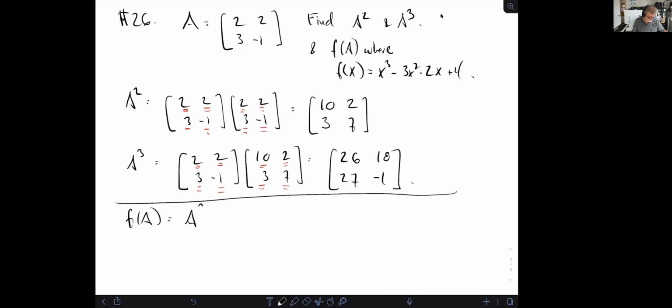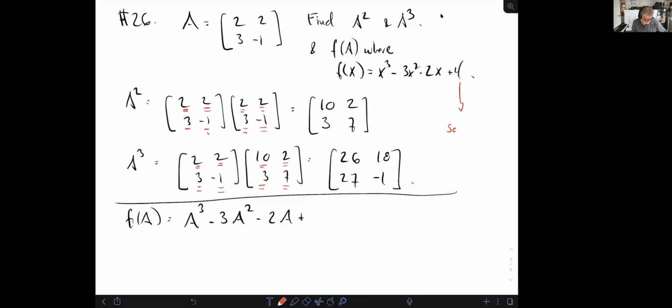So this is A cubed minus 3A squared minus 2A plus 4. No, plus 4 is not going to make any sense. 4 is a scalar. It doesn't have the right dimensions. So you have to remember that this scalar multiplies x power 0, right? So let me put a remark here.